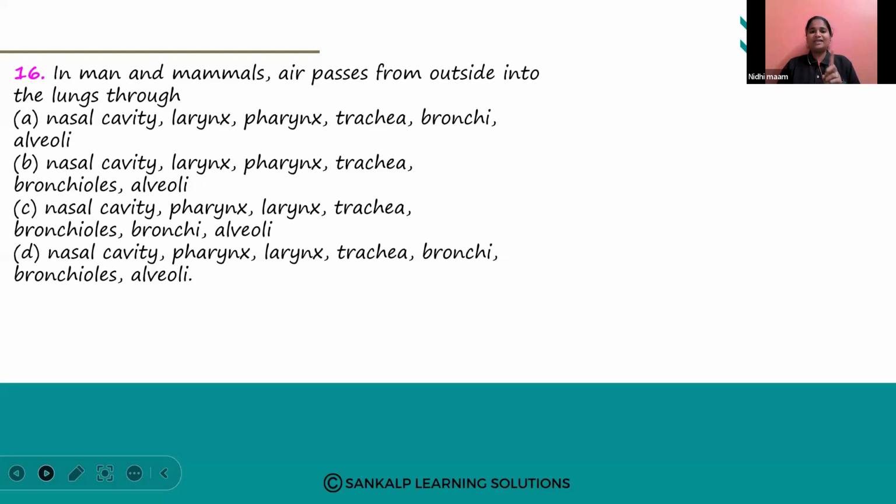Nasal cavity, pharynx, larynx, trachea, bronchi, bronchioles and alveoli. So you just have to mention which is the passage of air in mammals as well as man. Very easy question. If you know that diagram, you can definitely answer this question.